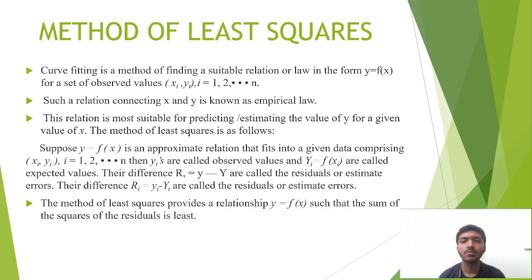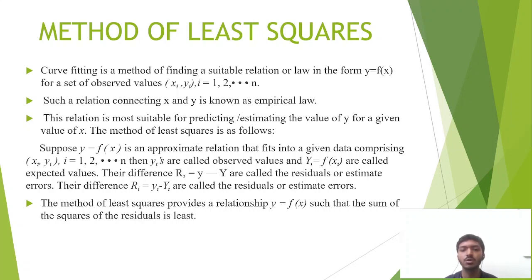Next, the method of least squares. Here, for different values of x, we find the approximate values of y. This is called empirical law. Suppose y = f(x) is an approximate relation that fits a given data comprising (xi, yi), where i = 1, 2, 3 all the way to n.